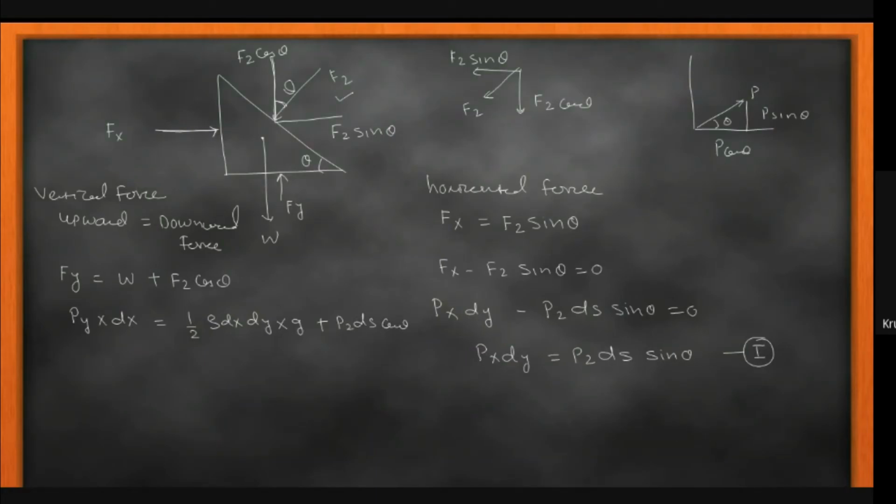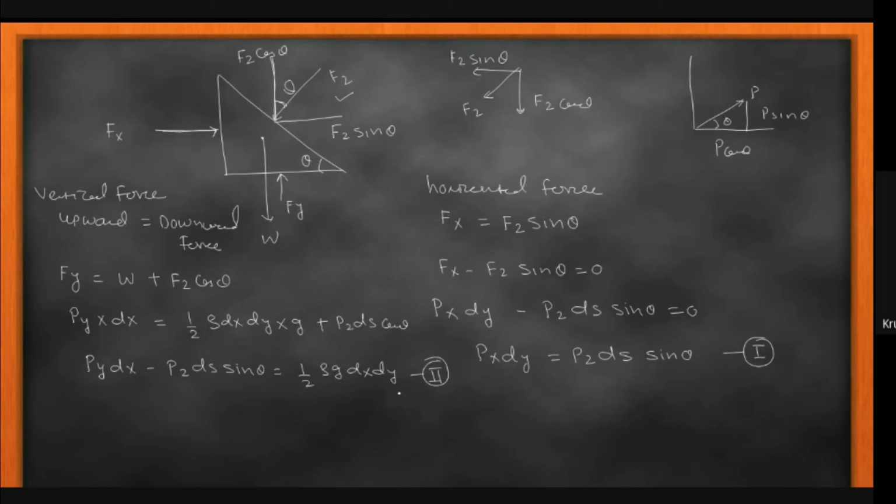From this expression we make the subject like this: Py dx minus Pz ds cos theta equals 1 by 2 rho g dx dy. We call this expression 2.